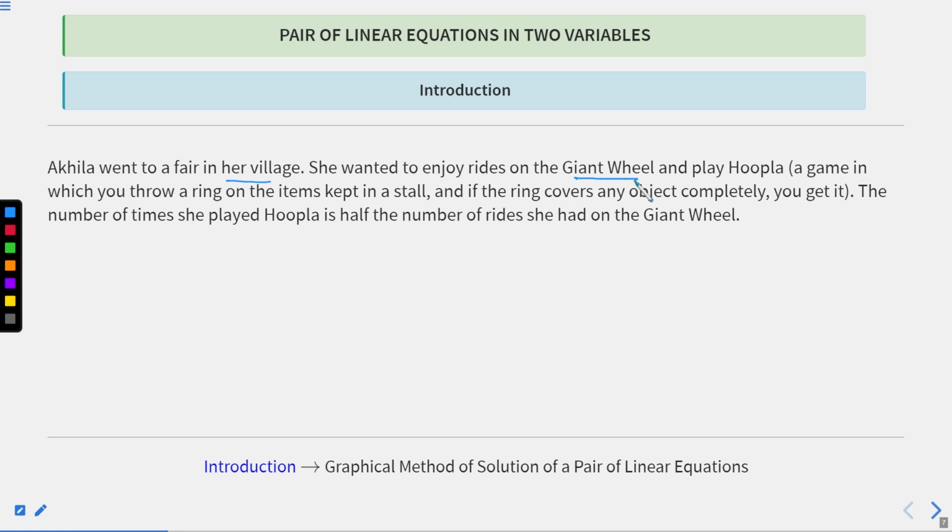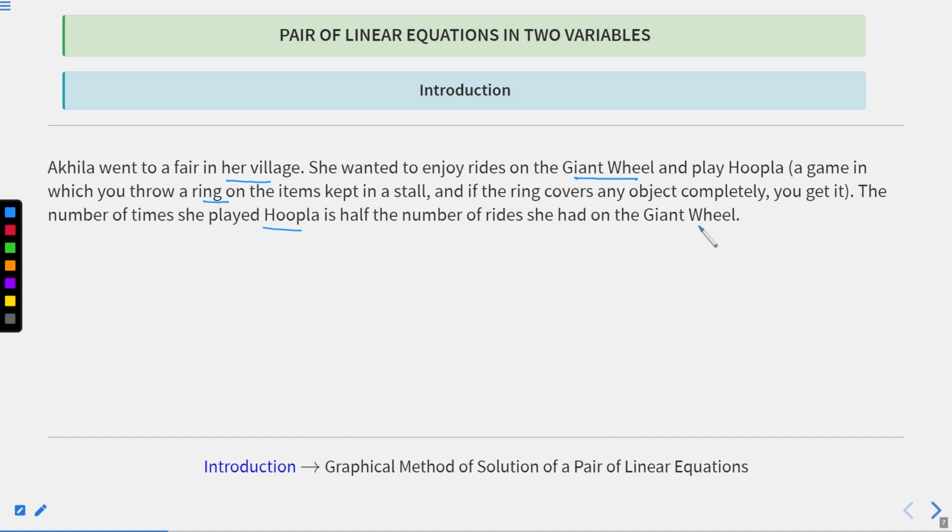Hoopla is a game in which you throw a ring on the items kept in a stall, and if the ring covers any object completely, then we will get that object. The number of times she played hoopla is half the number of rides she had on the giant wheel.